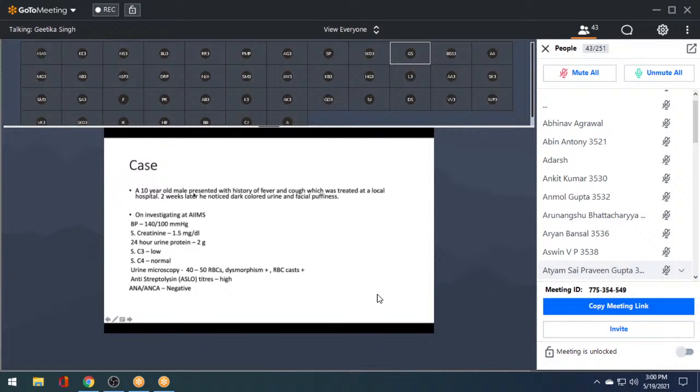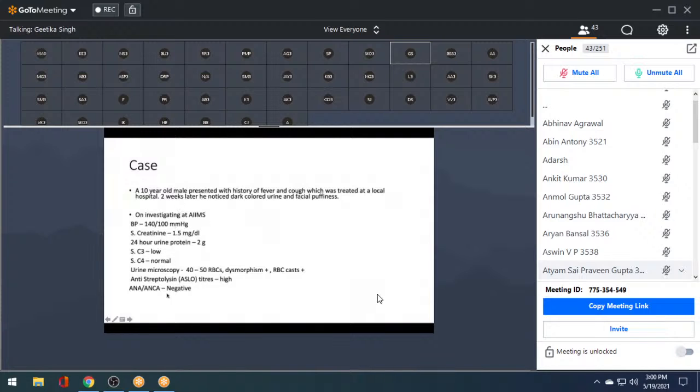Why do you think there's a 2-week gap after the first symptom? Antibody formation against the antigens in the streptococcus. Yes, it takes time. That's why classic post-streptococcal glomerulonephritis was initially called post-infectious, because there was this usual time gap in the appearance of symptoms.